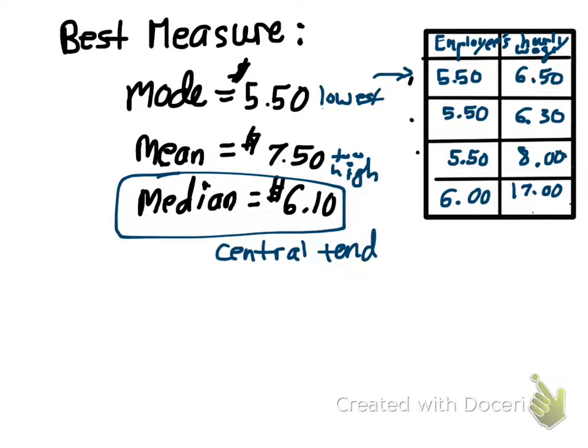So to determine the best measure of central tendency, you have to identify the mean, median, and mode, and compare them and think about which would show the best measure in that particular case. We're going to do a few examples with this. Example 4: we're going to identify the best measure.